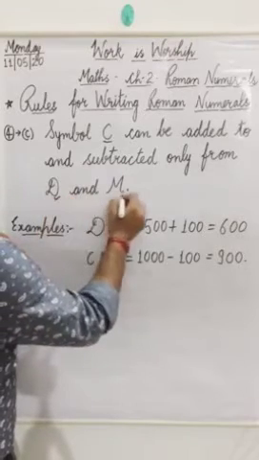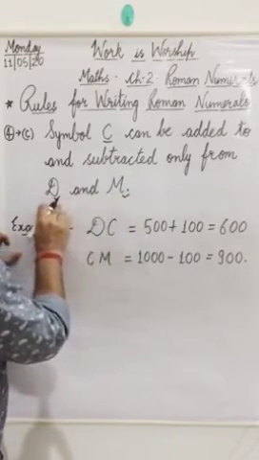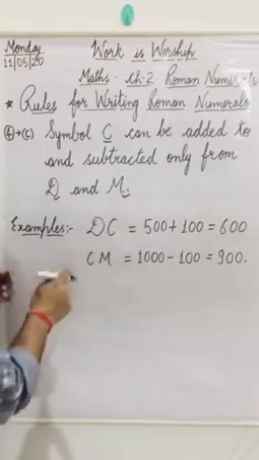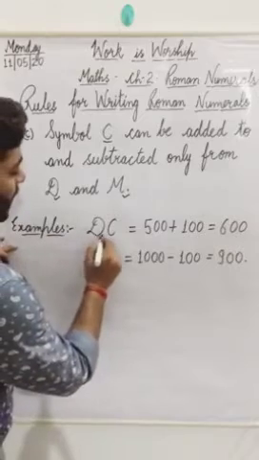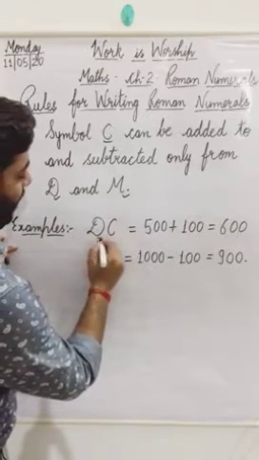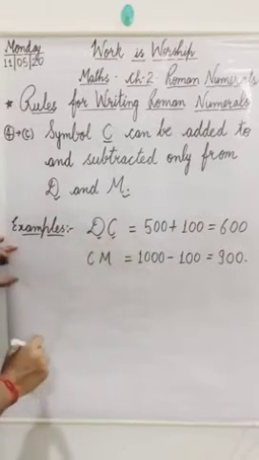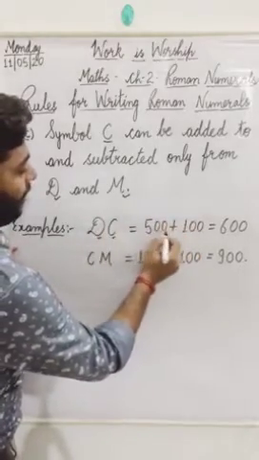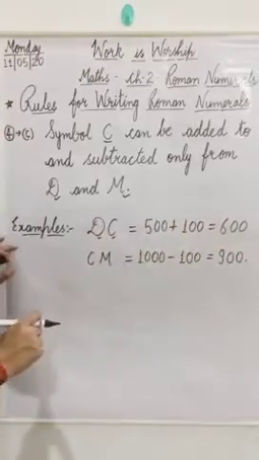D और M. D is denoted to 500 and M is denoted to 1000. So example is D and C, where D is 500 and C is 100. So 500 plus 100 is equal to 600.